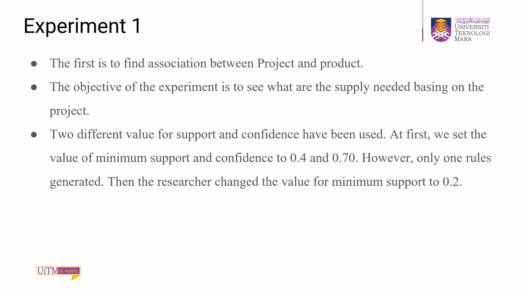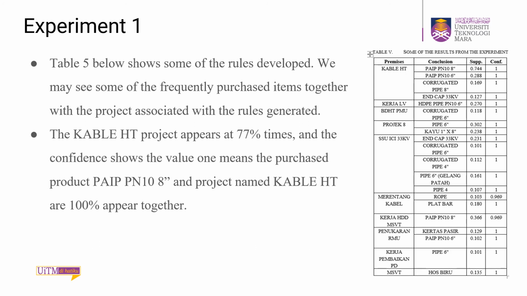However, only one rule was generated. Then we changed the minimum support value to 0.2 and maintained the confidence value at 0.7. So we managed to obtain a few rules based on minimum support 0.2 and confidence 0.7. Table 5 shows the result obtained.